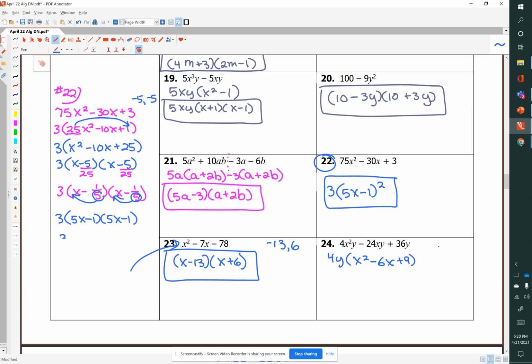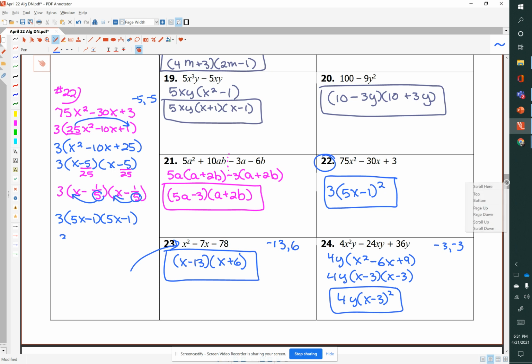So I need two negative numbers, and that would be negative 3 and negative 3. So I'm going to have 4y, x minus 3, x minus 3, and I can rewrite that as 4y, x minus 3 squared. And that's our final answer on our final problem.